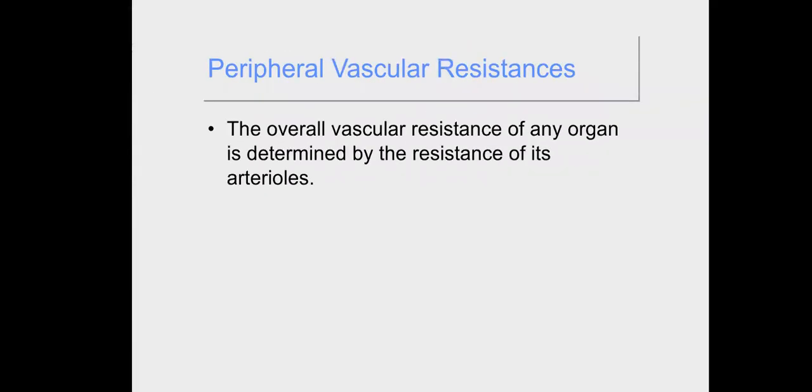So we were talking about the velocity and we talked about the aorta. We were talking about the volume and we talked about the veins, and we were talking about the pressure and we talked about the arteries, and we are talking now about the resistance, and we mentioned the arteriole.